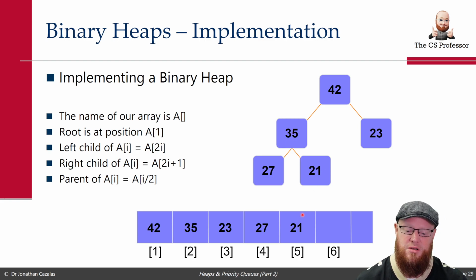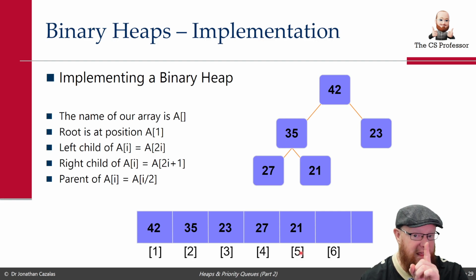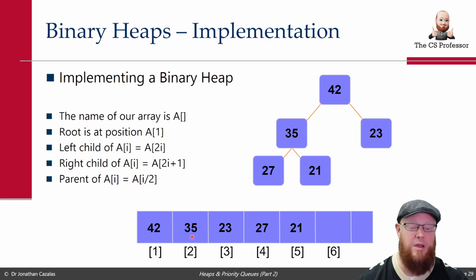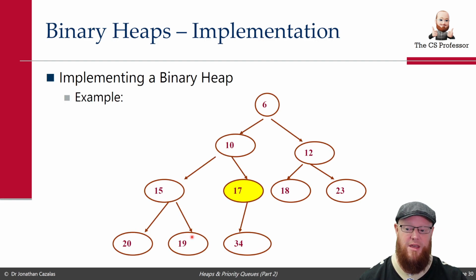The math works. Index 5 divided by 2, you might be thinking 2.5, but integer division gets rid of the 0.5, strictly the 2. 21's parent is 35, found at index 2. So index 5 divided by 2 is index 2, and we see the 35 right there.